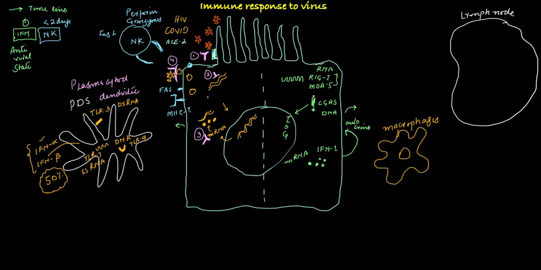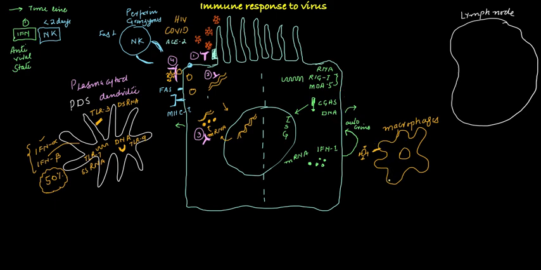Now the third cell that is going to act is macrophages. So there are tissue macrophages which are present in the tissues, and they are going to recognize free viruses. So if there are free viruses in the tissues, they will be recognized and phagocytosed, and at times they can also engulf these virally infected cells.